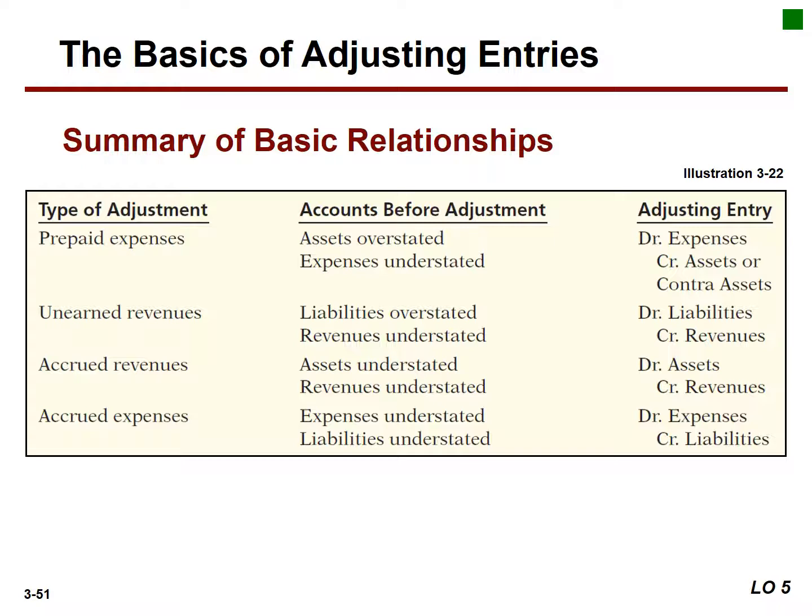We had our 2 deferral adjusting entries, prepaid expenses and unearned revenues, and we had 2 types of accrual adjusting entries, accrued revenues and accrued expenses. This shows how our accounts appear before they are adjusted and what our adjusting entry is going to look like.